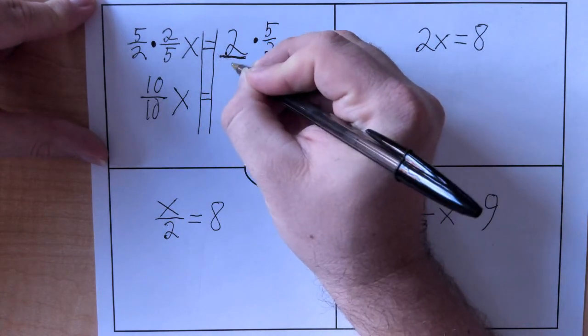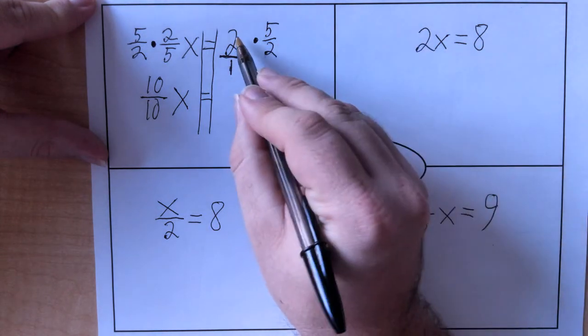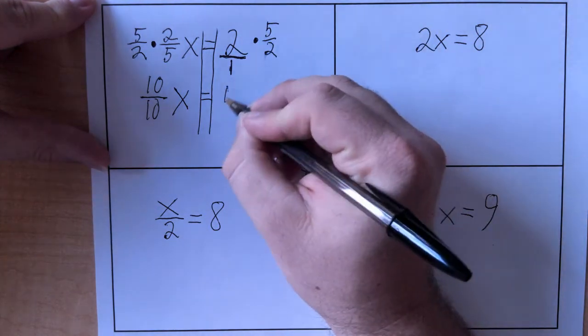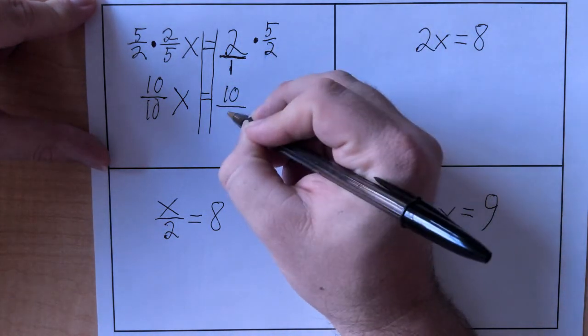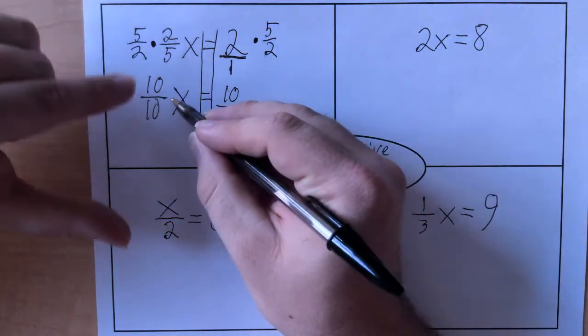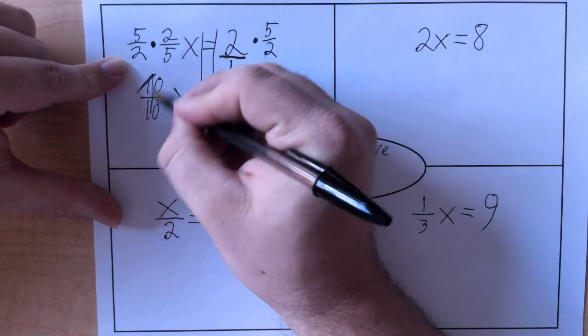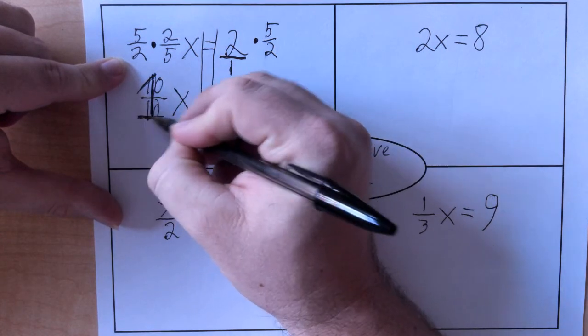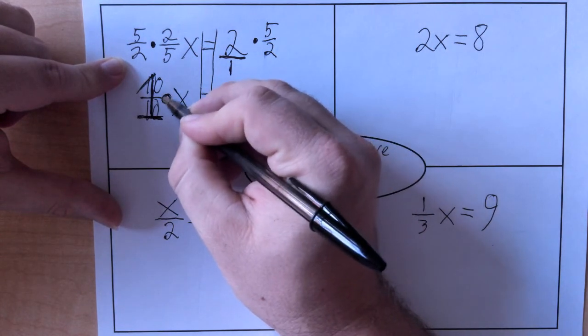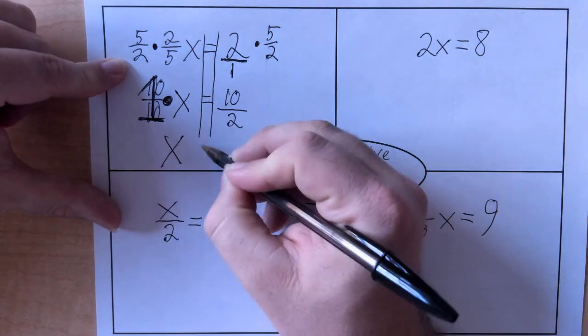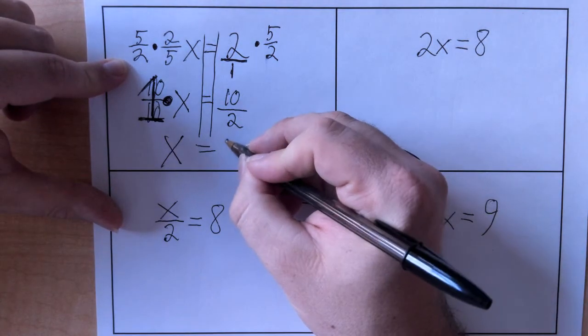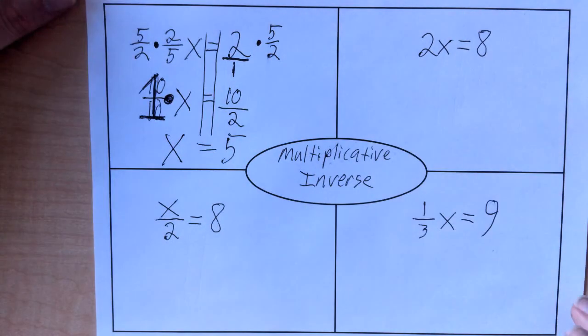And keep in mind, I can always write this over 1. So my numerators are 2 and 5. That's 10 over 2, right? Now, this would simplify to just be a 1, right? And 1 times x here is just x. 10 divided by 2 is 5.